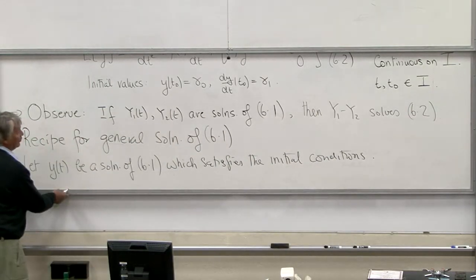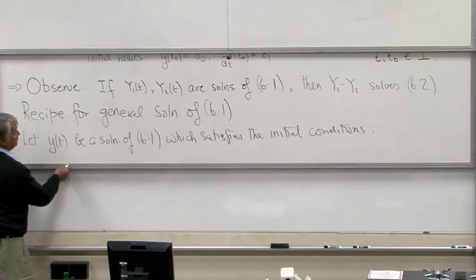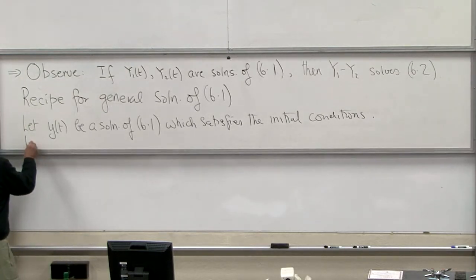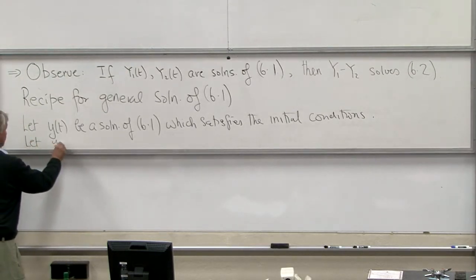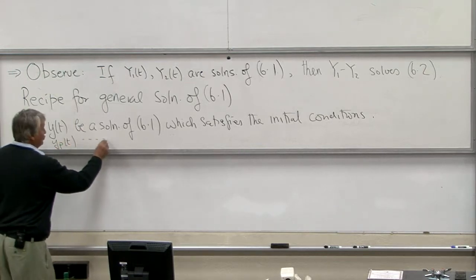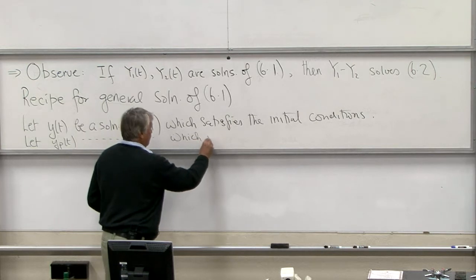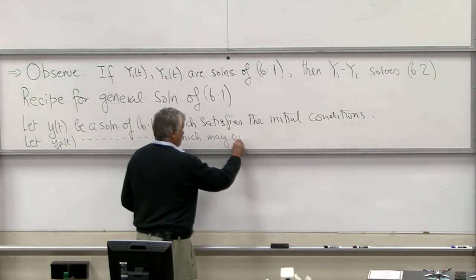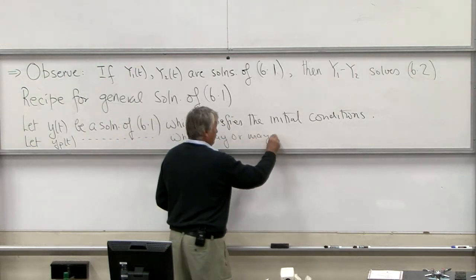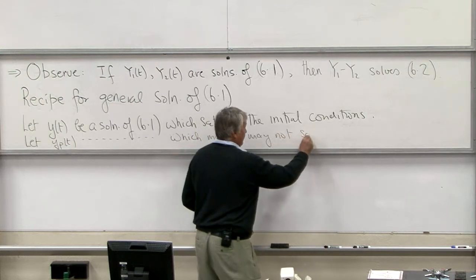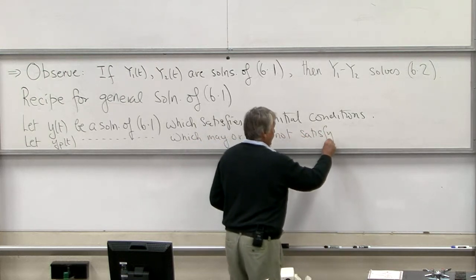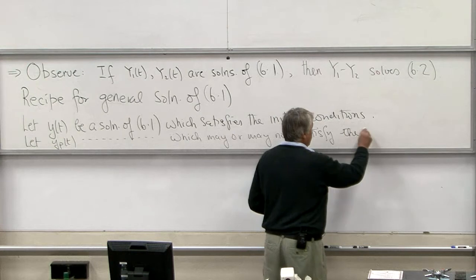I'll push this board up in a moment. I just want to write one more line here. Let yp of t be a solution of 6,1, which may or may not satisfy the initial conditions.